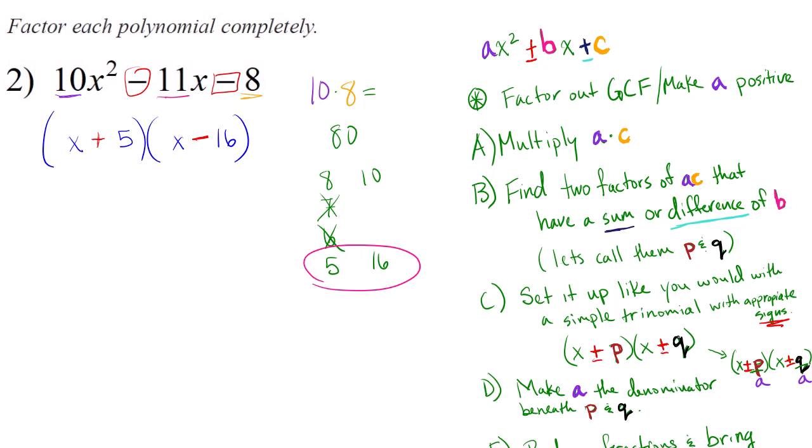Now we're going to put A, whatever A is, underneath as the denominator of both our terms, P and Q, like we call them. Then we reduce. 5 over 10 is 1/2. 16 over 10 reduces to 8/5.